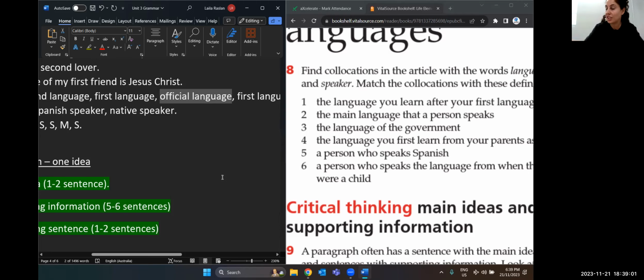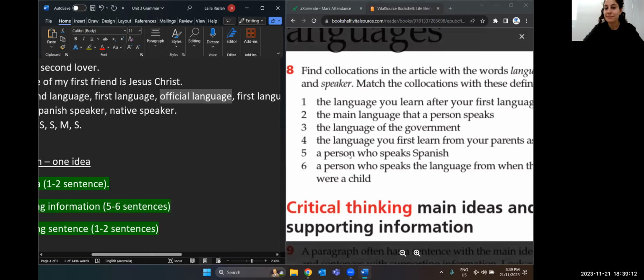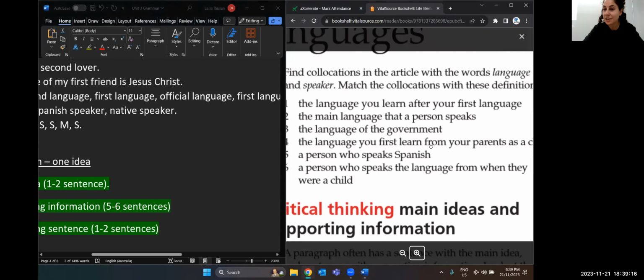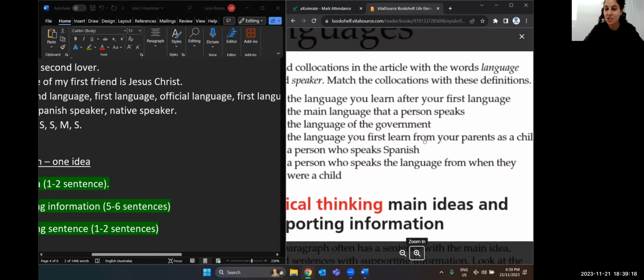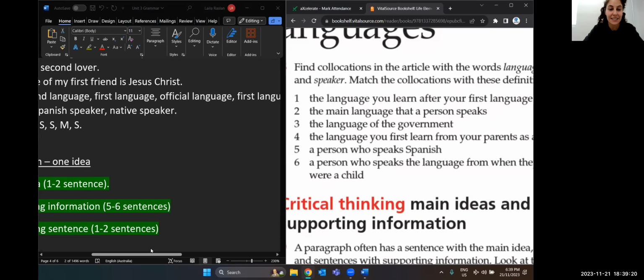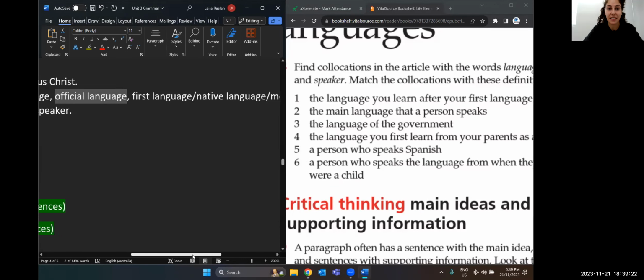In Brazil, Portuguese. Or maybe you have other government languages in Brazil. The language you first learn from your parents as a child is your native language.